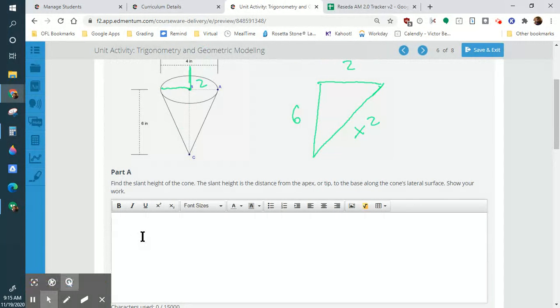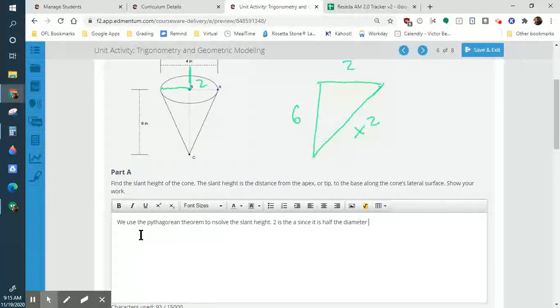When we're solving this, we use the Pythagorean theorem to solve for the slant height. What you should do is: 2 is the a since it is half the diameter, and they gave me the height.